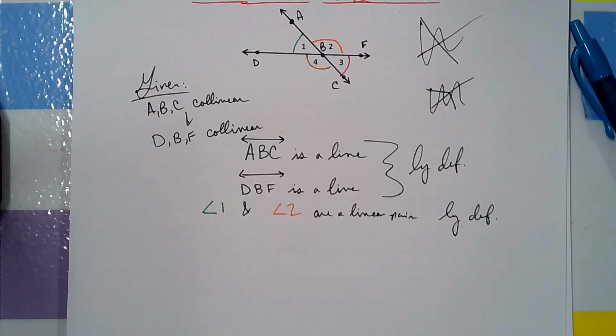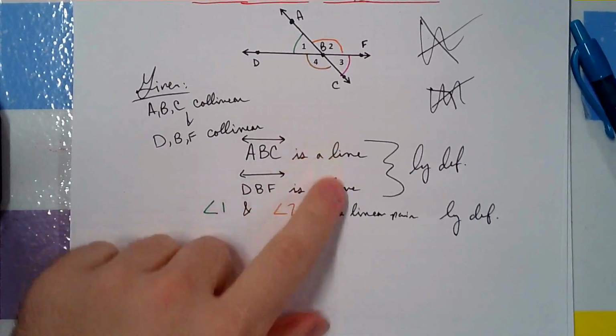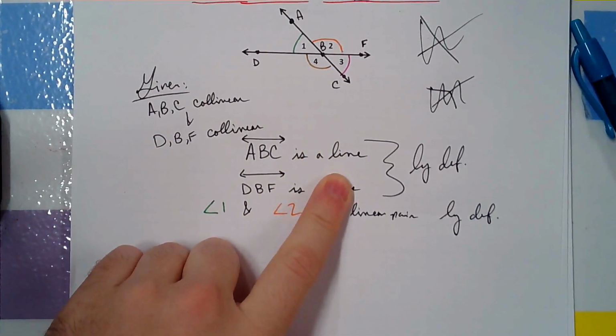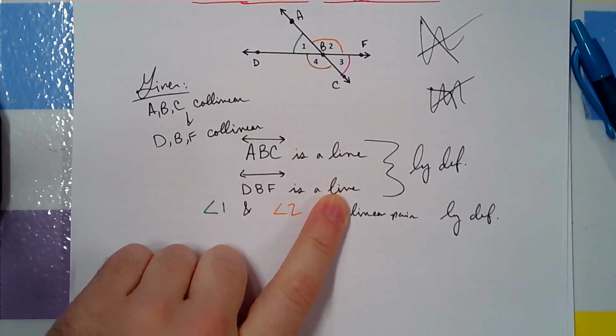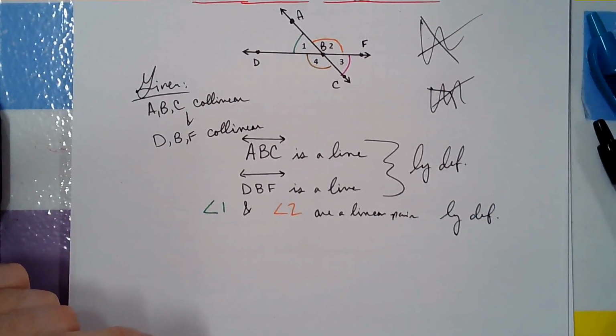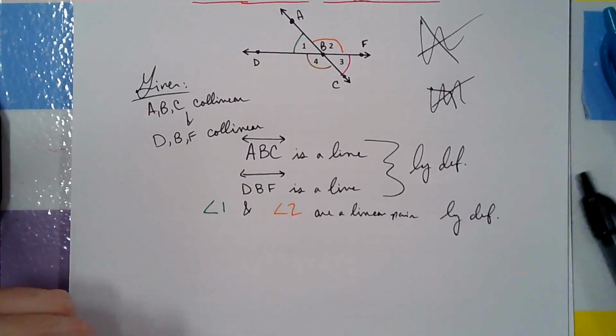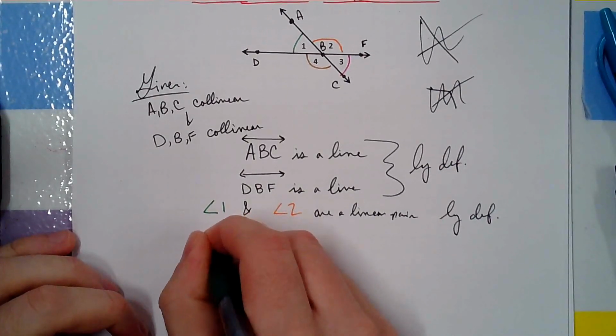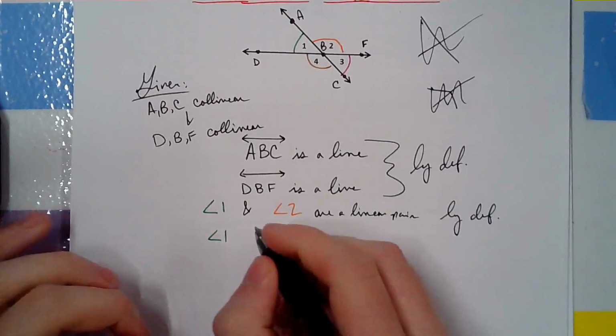Two angles sitting on a line. Pair means two. Linear means line. Pretty self-explanatory. And again, I've already proven that it is actually sitting on a line. ABC is a line. DBF is a line. If they're a linear pair, the theorem says that they're supplementary. So now I can write angle 1 and angle 2 supplementary.